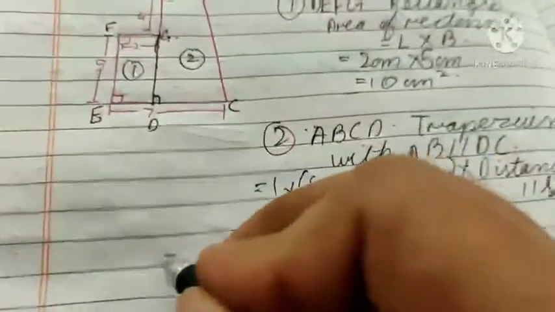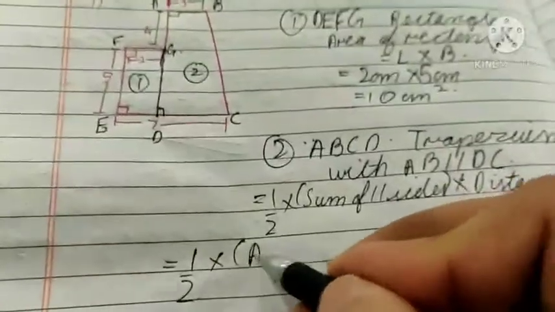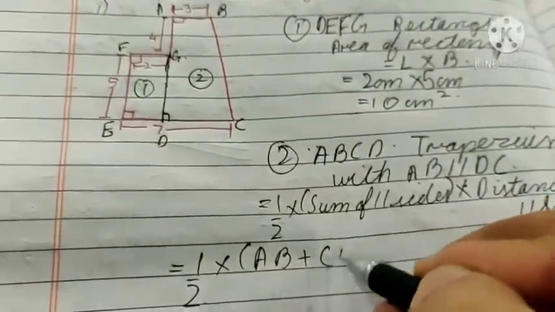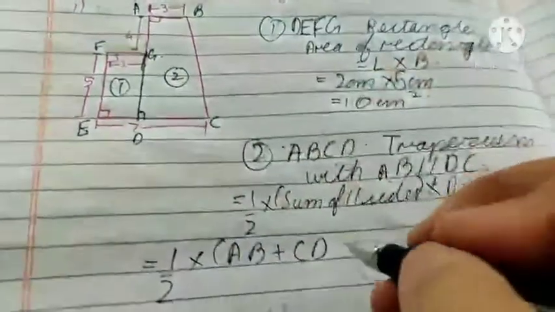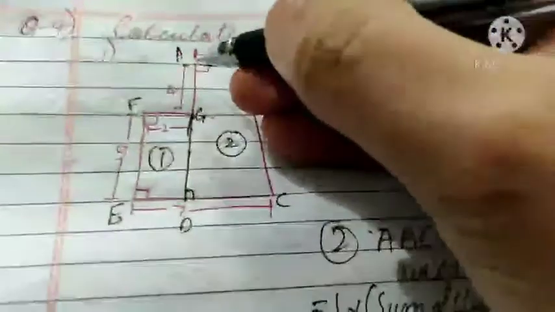What is the sum of the parallel sides? Look, our first side is AB plus CD. AB plus CD are the parallel sides into distance. Look, distance is AD. How AD?